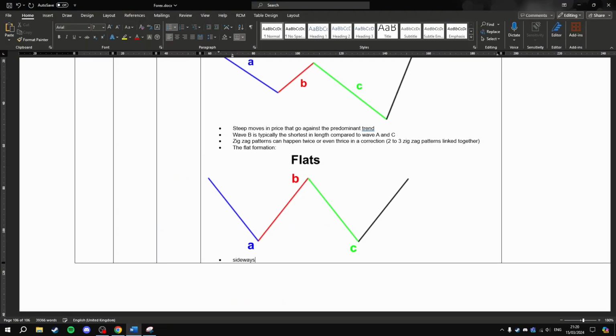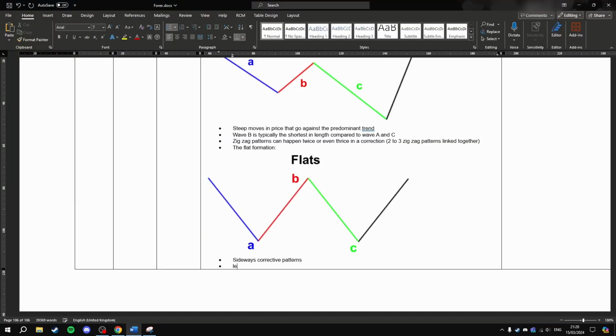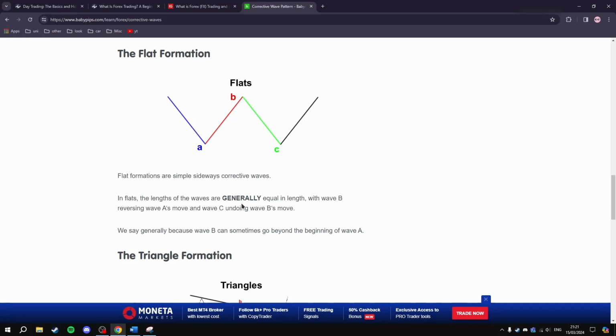In flats, the length of the waves are generally equal in length, with wave B reversing wave A's move and wave C undoing wave B's move.